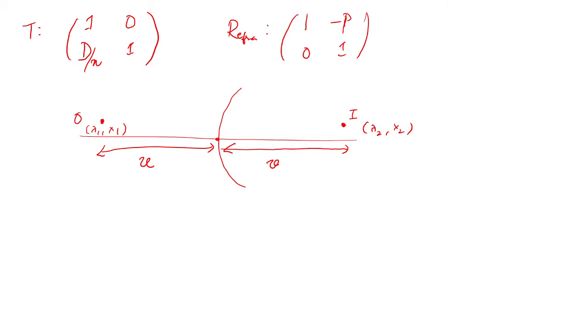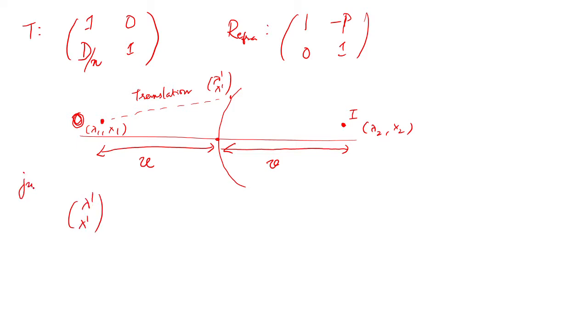Okay, so now the first thing I need to do is, any ray of light that's going from the object O has to translate all the way to the surface. So first I need to use a translation matrix, right? If I translate lambda1 x1 all the way to just before the refraction, which I will call lambda prime x prime, then I can write lambda prime x prime just before the refraction.